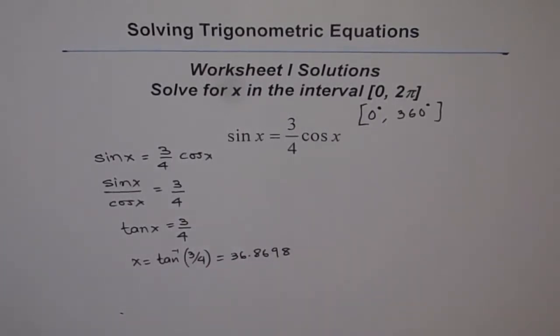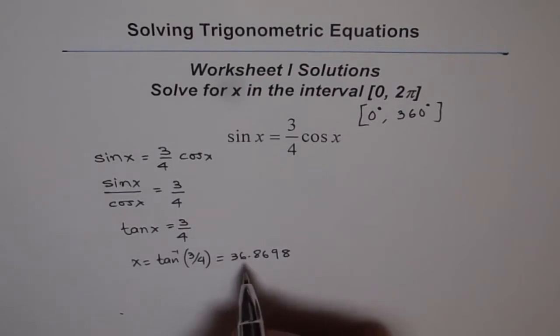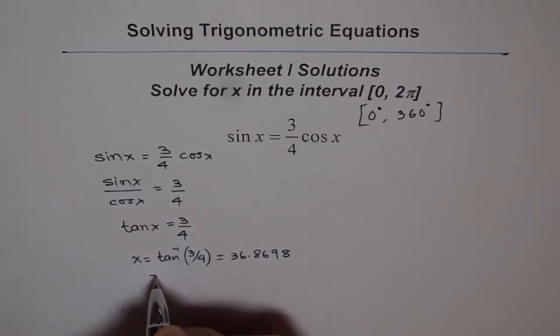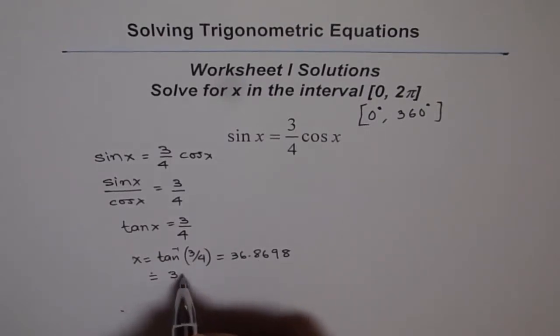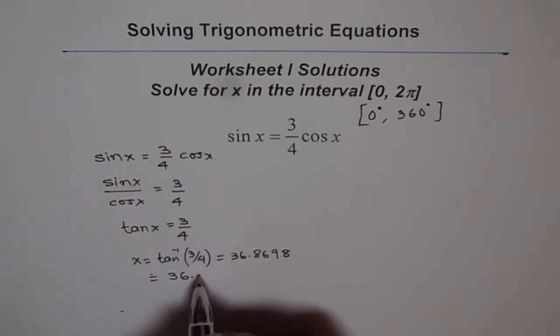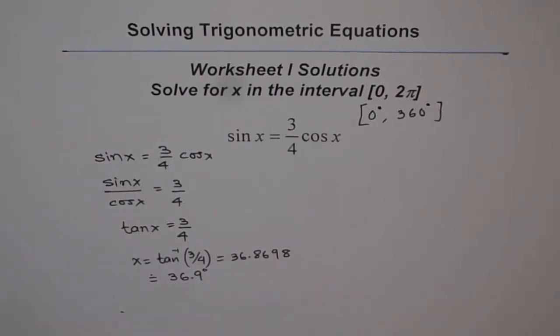At times it is mentioned whether you round it to 1 decimal place, 2 decimal places, and so on. As nothing is mentioned here, we'll assume 1 decimal place. So we'll write this answer as 36.9 degrees.